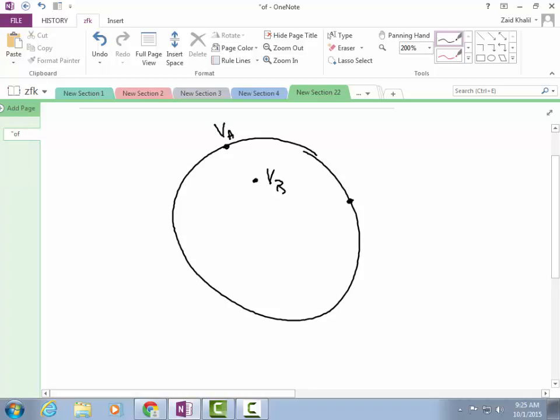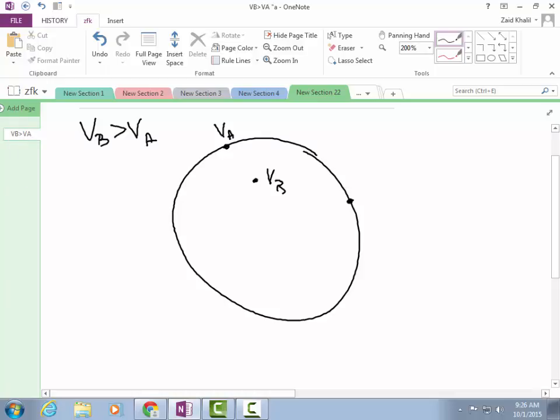What would happen? Let's think this through for a second. If this existed, what would be the consequence? There would be a field, right? Let's suppose VB was greater than VA. So where's the direction of the field? It would be directed inward.